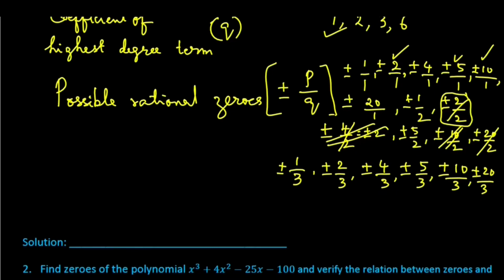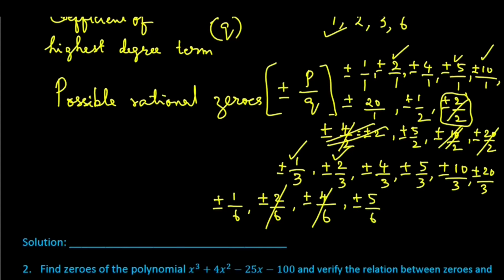Then divide by 6. Plus or minus 1 by 6. Plus or minus 2 by 6. This is already covered here. Then plus or minus 4 by 6. This is 2 by 3. This is already covered here. Then plus or minus 5 by 6.